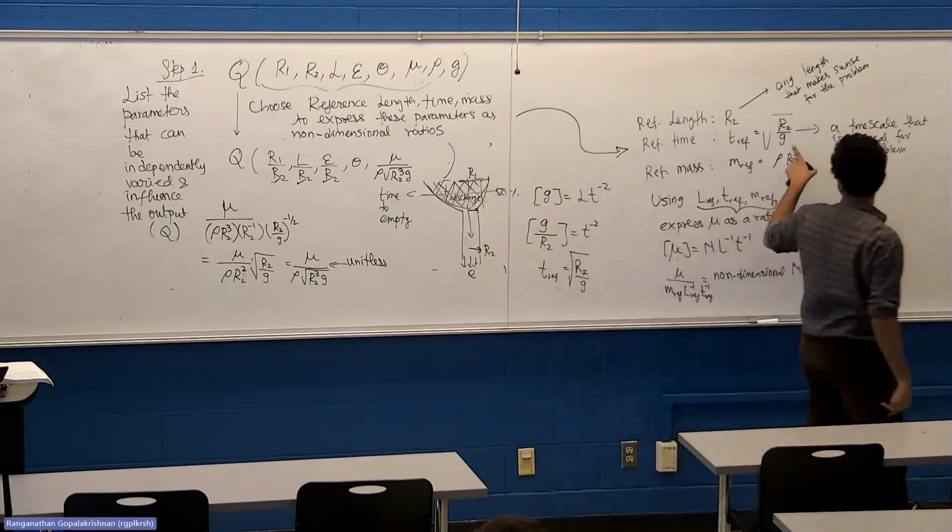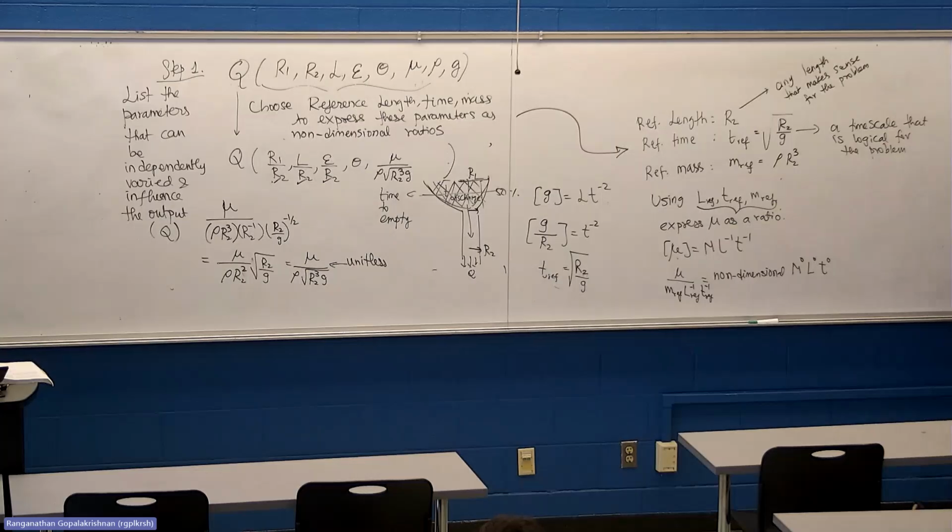So we choose gravity as one of the quantities, and how you do the matching? Express gravity in terms of its dimensions. You already know what the reference length is, so this is R2 multiplied by T ref to the minus 1 equal to G, which gives us T ref equal to R2 over G, which is what we have.